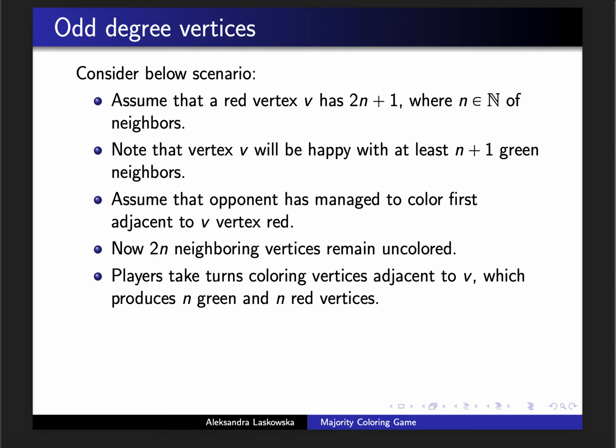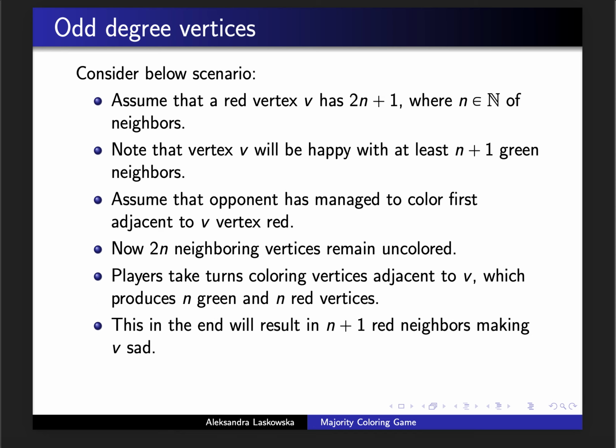So now we have to act fast and color the next neighbor green, but then the opponent will color the next neighbor red, and we will color the next green, and then red, green, and so on and so on. And this in result will give us n green neighbors and n plus 1 red neighbors, which will make V sadly sad. And game over.